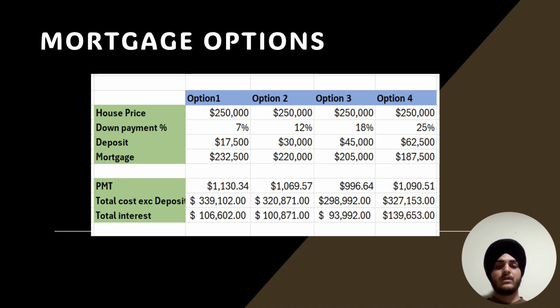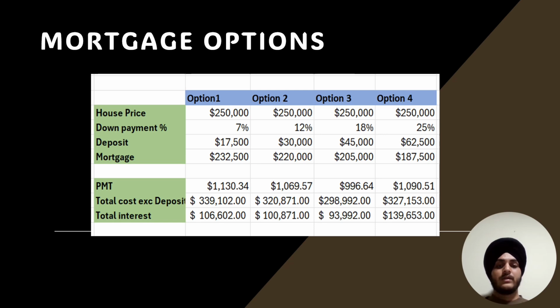We'll calculate the deposit by multiplying 250,000 by 7%. We'll get $17,500. We'll do this for all the options, and then we'll get the answer for all four options. To calculate the mortgage, we'll subtract the deposit from the house price and we'll get the mortgage price.